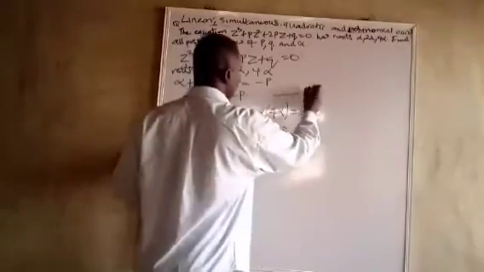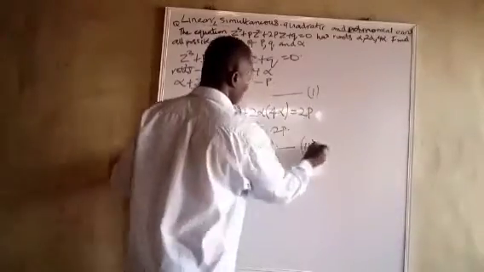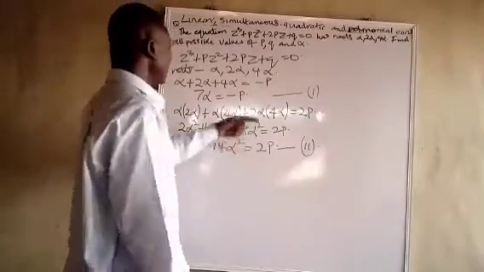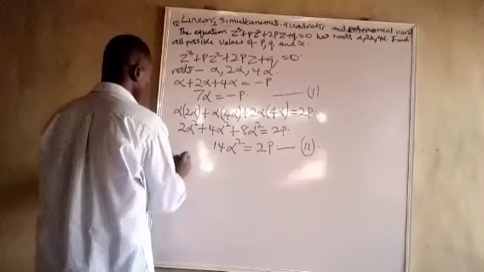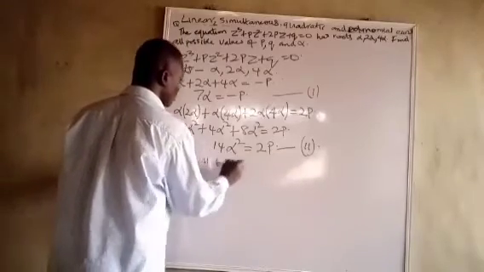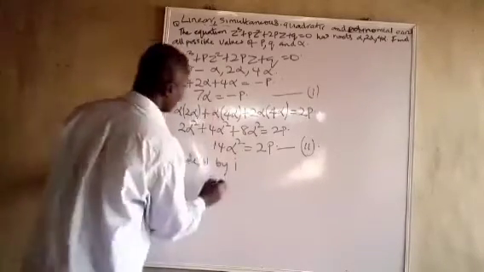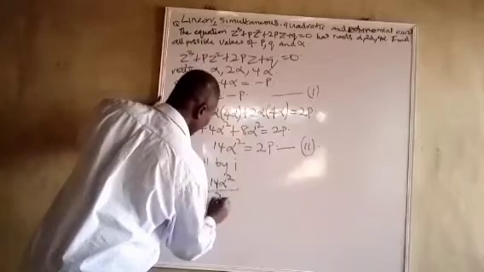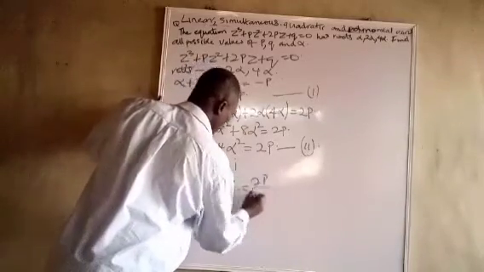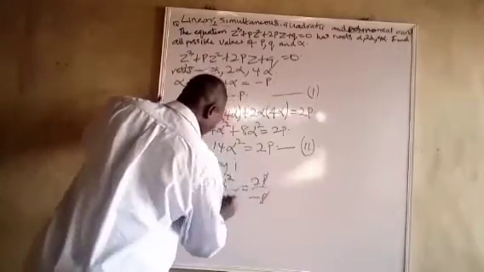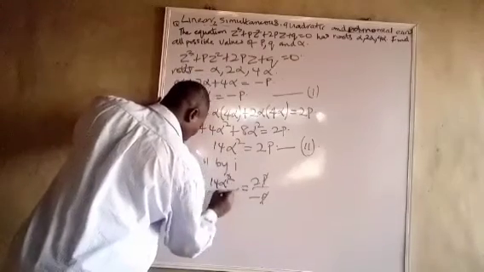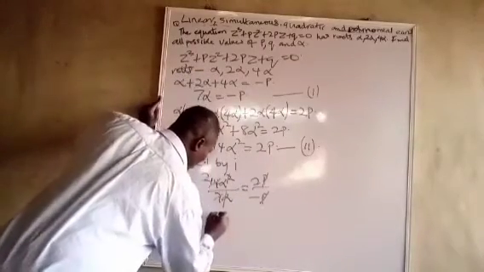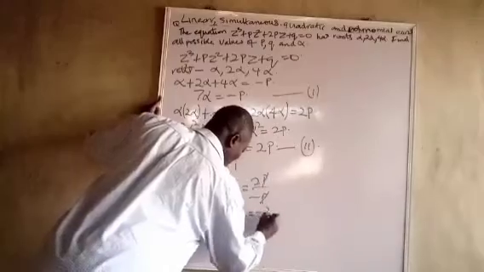Let's call this one 1 and this one 2. If I divide 2 by 1, that gives me 14 alpha squared over 7 alpha is equal to 2p over minus p. Therefore, 2 alpha is equal to minus 2.